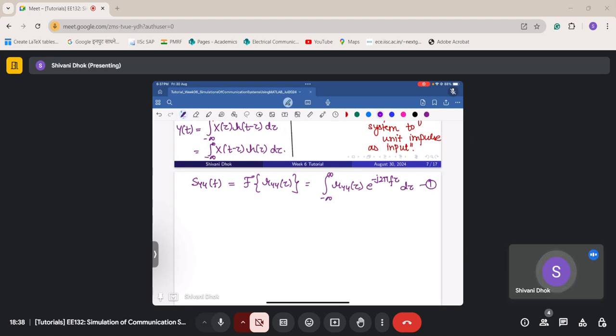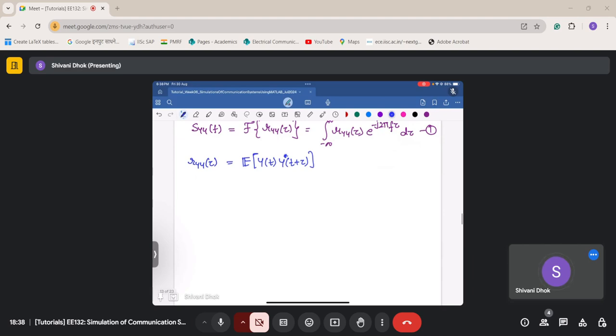And what is this Ryy(tau)? It is nothing but the expectation of y(t) into y conjugate of (t plus tau). Let's simplify this and consider it as a real process.